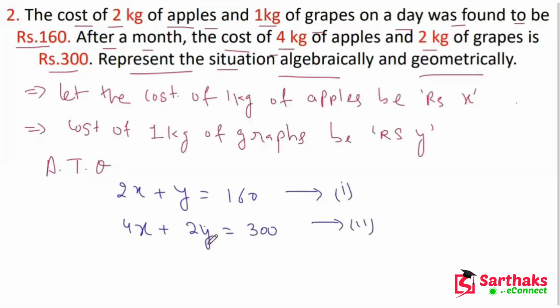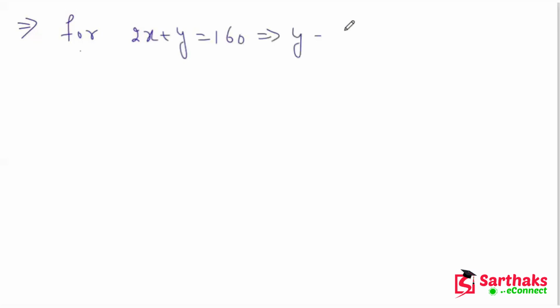So for putting this on the graph, we want the values of x and y. First of all, we take the first equation: 2x plus y is equal to 160. We get y is equal to 160 minus 2x.